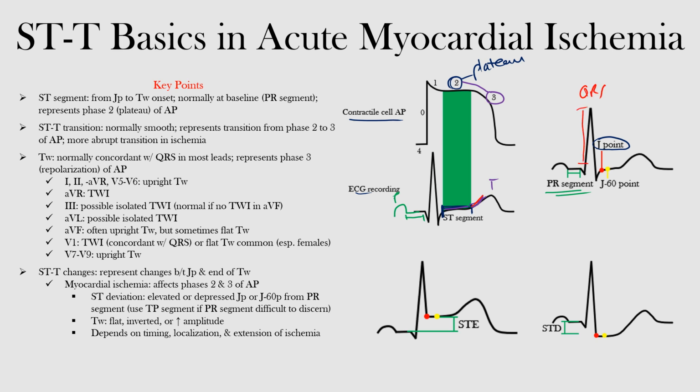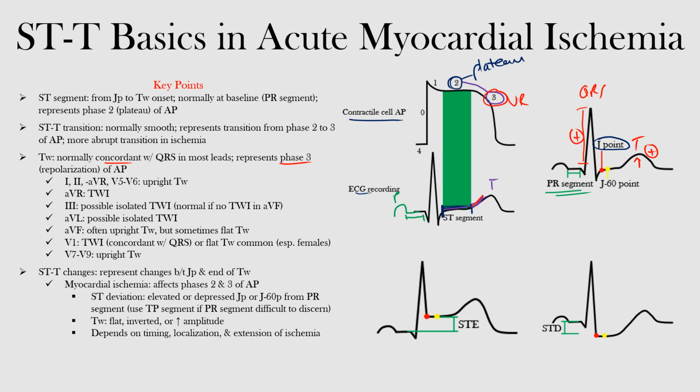Notice that it's mostly positive, its main vector, and here's our T wave. Notice that it's again upright and mostly positive. So normally we should see that, concordance with our QRS complex in most leads. Remember, this is phase 3, that represents the ventricular repolarization phase of our action potential.